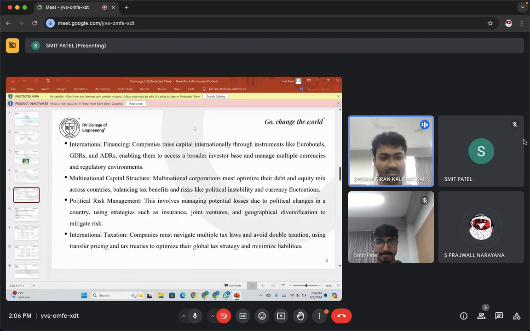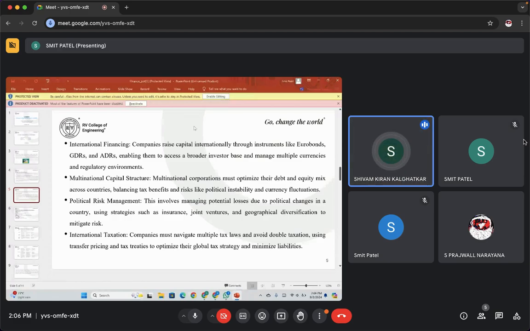So international financing. Companies raise capital internationally through instruments like Eurobonds, which are bonds issued in a currency that is not the native country's currency, and GDRs and ADRs, enabling them to access a broader investor base and manage multiple currencies and regulatory environments. And then comes the multinational capital structure.